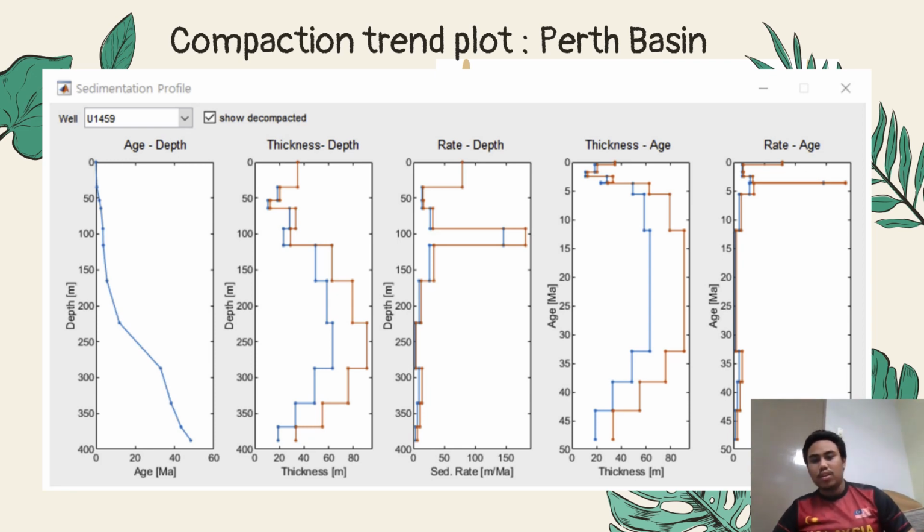The rate of sedimentation over age is highest in the upper one, at 5 million years ago.